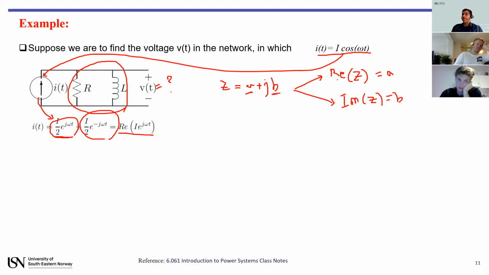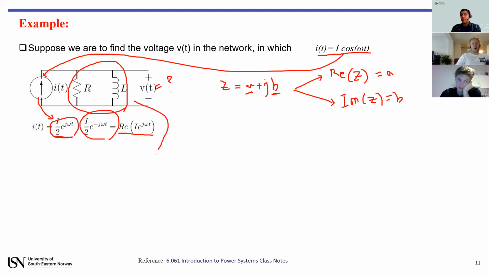So when I write Re, it means real part, and Im means imaginary part. So we can show that the real part of this quantity will be I(t), as we talked before, because every sinusoidal function can be the summation of a complex value and the conjugate of the complex value.